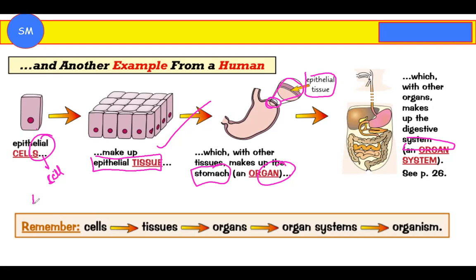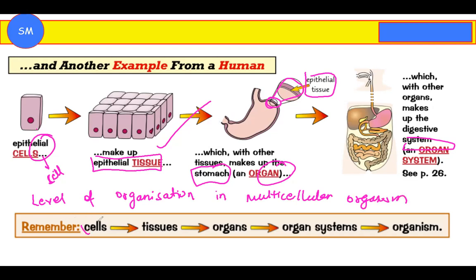And this is the level of organization in a multicellular organism. Okay. Multicellular organism, what is it? Cell makes tissues, makes organs, organ system, and organism. Okay, I hope you get my point.